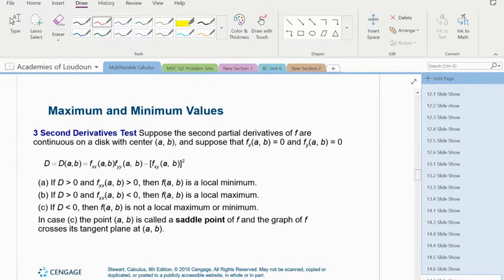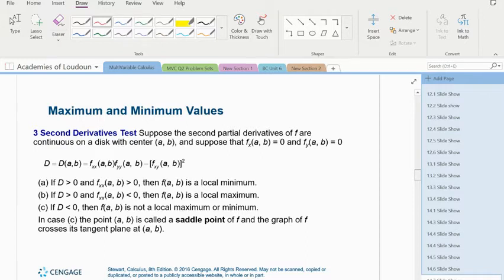The following test is analogous to the second derivative test for functions from single variable calculus. So this is the second derivative test for multivariable. Suppose that the second partial derivatives are continuous on a disk with center (a, b), and suppose that the partial of f with respect to x at (a, b) is equal to 0, and the partial of f with respect to y at (a, b) is equal to 0, which means then that (a, b) is a critical point of f.